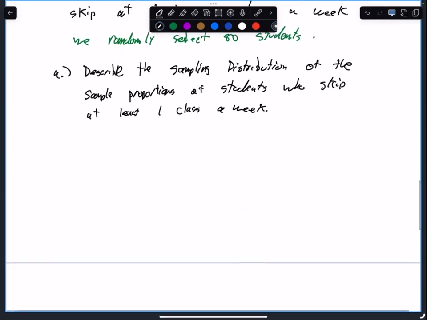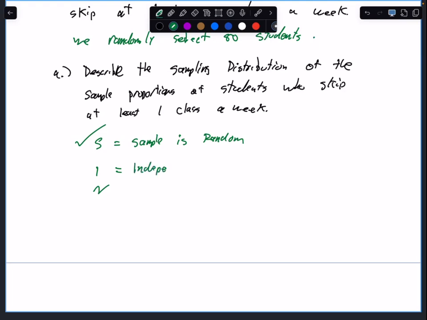In order to do that, we need to check the conditions. We need to check SIN. First and foremost, the sample is random, so check. We will assume independence. If one student skips, is another student likely to skip?